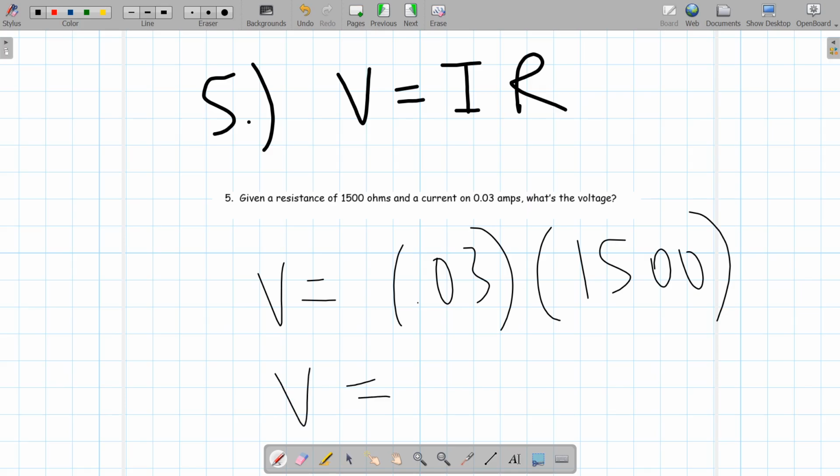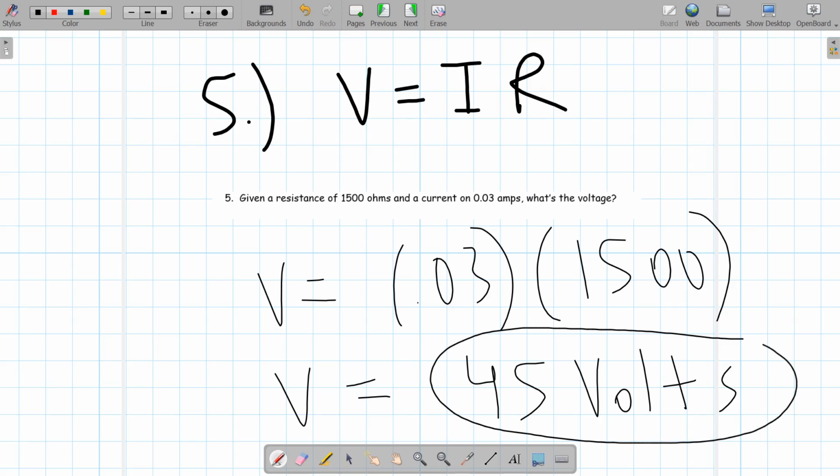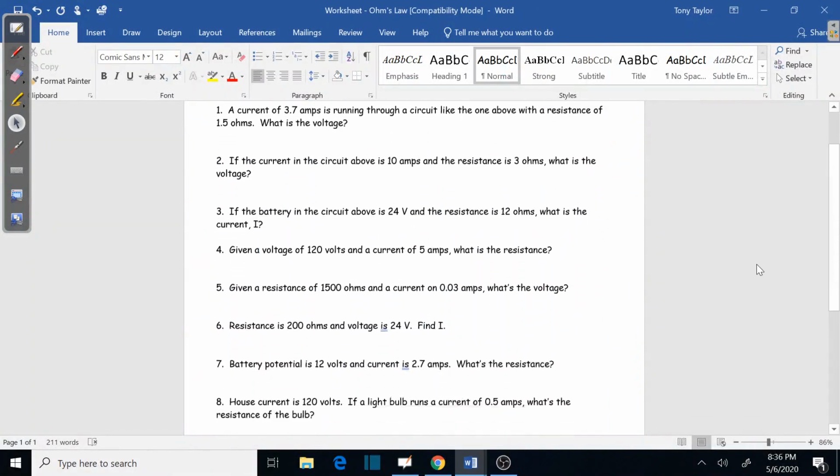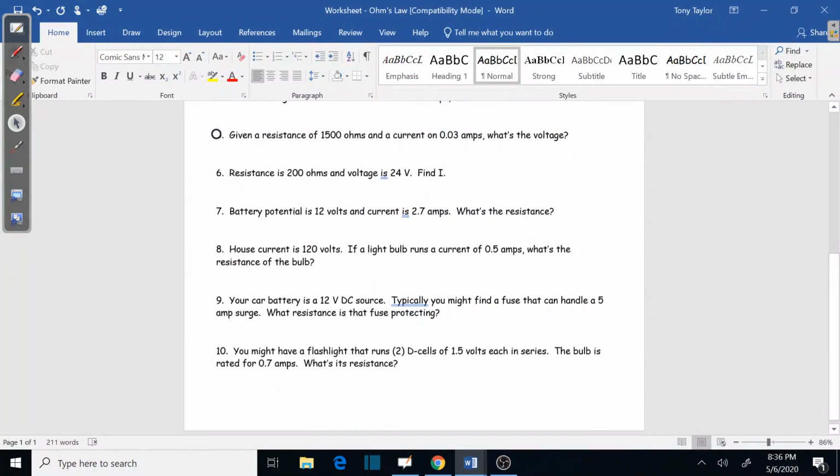When you multiply those two together, what you get is 45 volts. Okay, so those are several practice problems involving Ohm's law. Try to see if you can do the remainder by yourself for this worksheet.